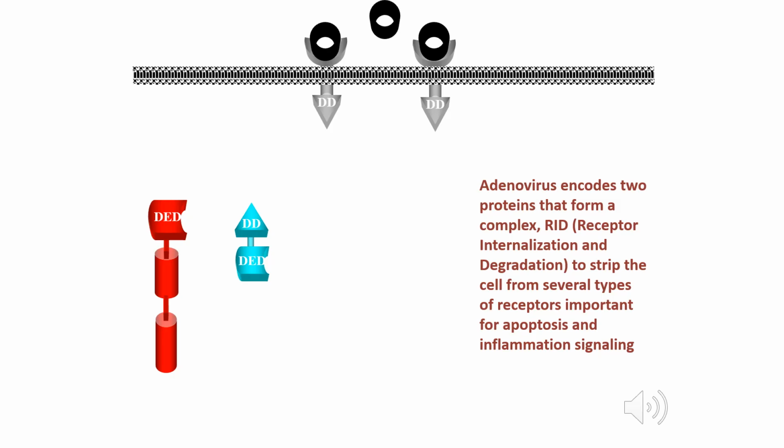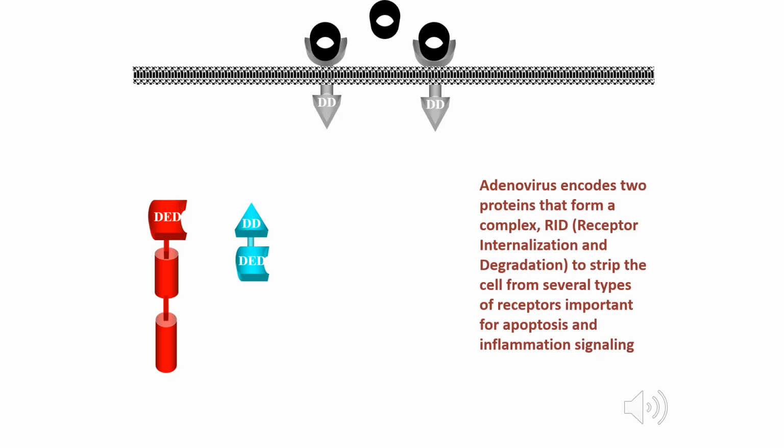Among these receptors that are pulled down are receptors that are important in apoptosis, such as the TNF receptor and the FAS receptor. These receptors have a cytosolic side death domain, which recruits an adapter protein that also has a death domain that in itself recruits a caspase that has a death effector domain.